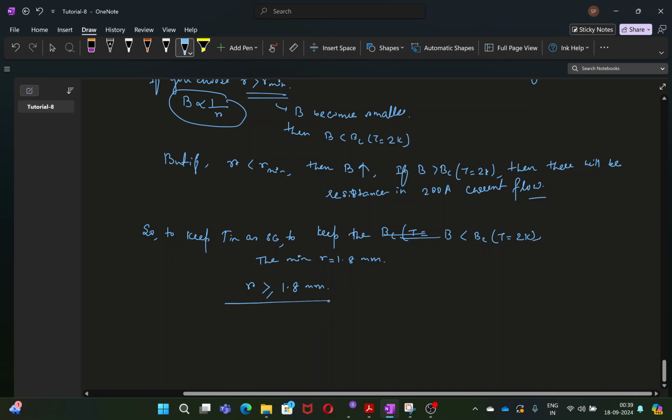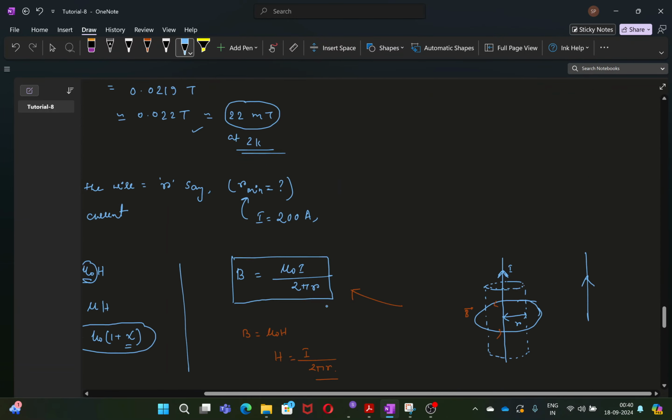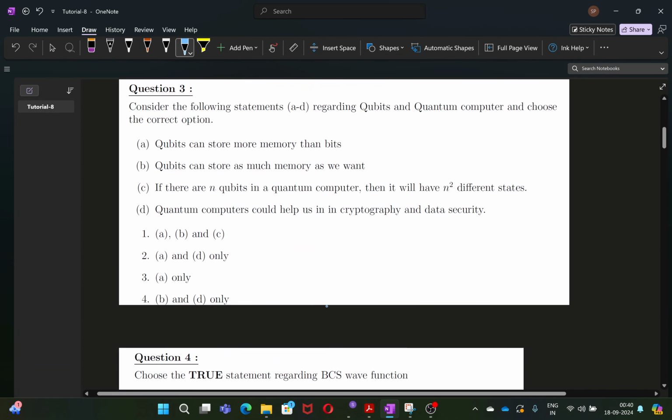That will not bother us because that only ensures that your B is less than or equal to BC, which is the most important condition for the dissipationless current flow in the wire. So that is how you get the answer, 1.8 mm.